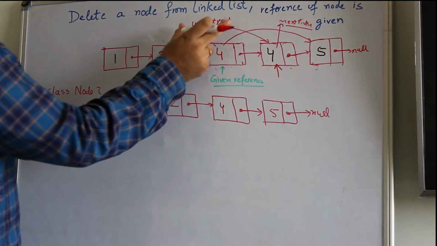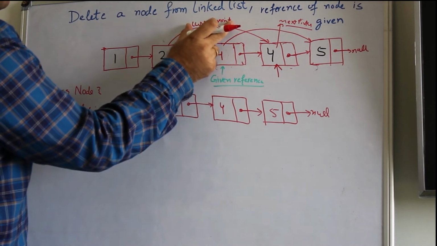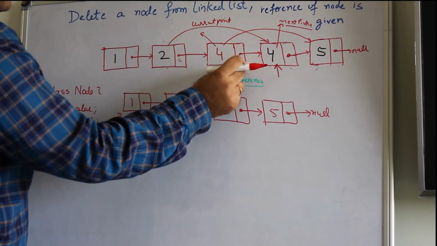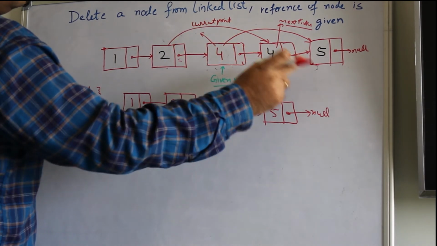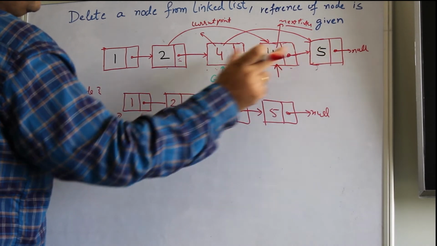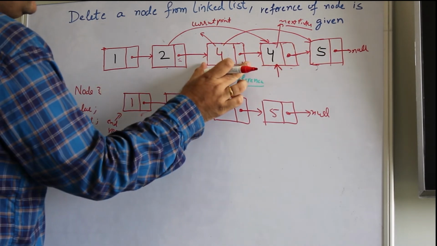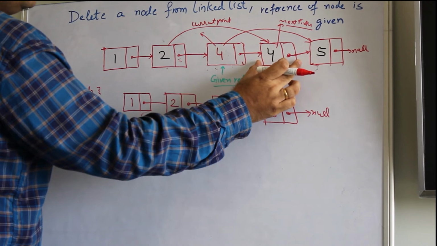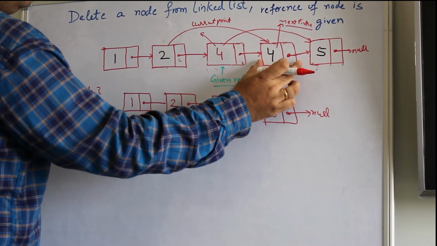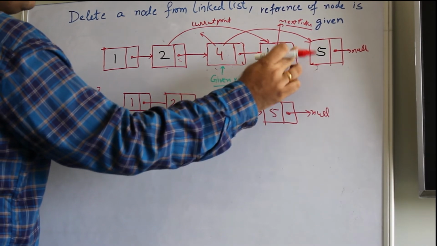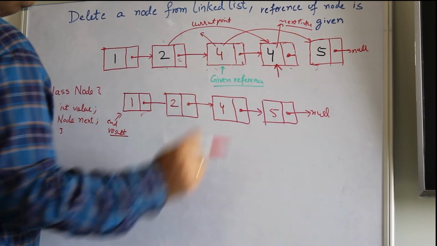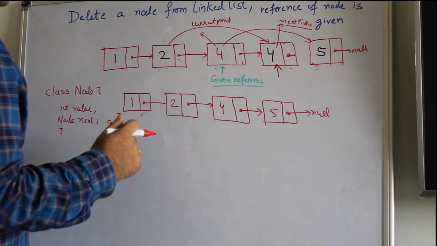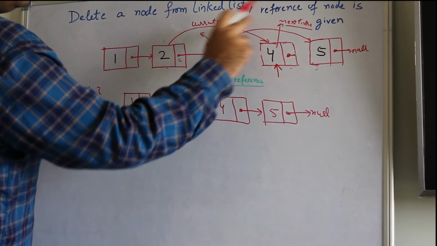So you need to set current pointer dot next equal to the next pointer dot next. So this will start directly pointing to this node, and you need to clear the next pointer of this node. This you should keep as null so that this will no more be a link. And this will start pointing to this.